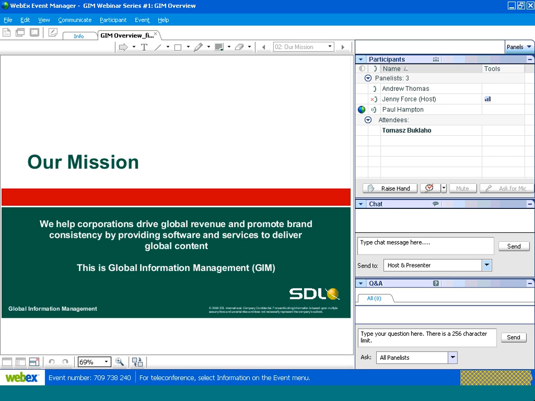Language is important when you're launching new products and new services into regions around the world, and language is very important in ensuring those products' success. SDL provide a combination of both software and services to help deliver content and information in multiple languages. And we call that global information management.